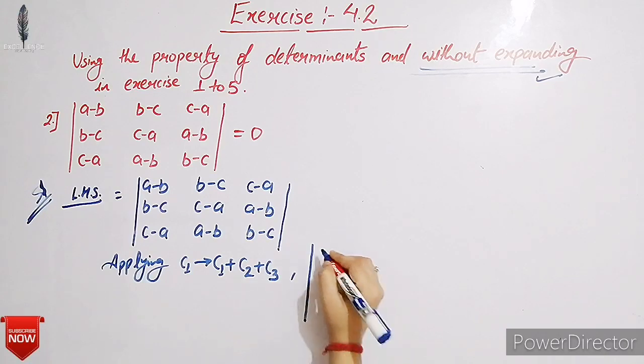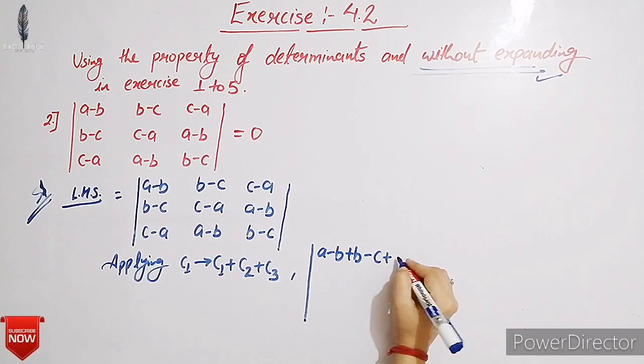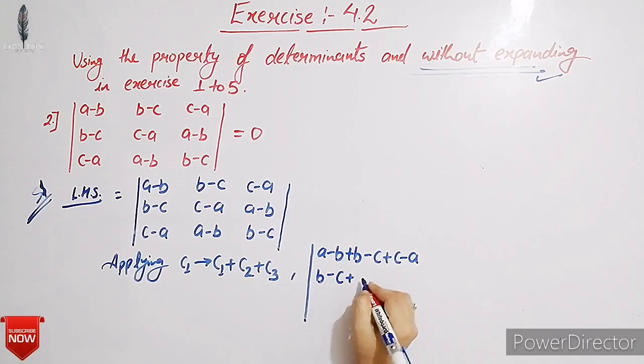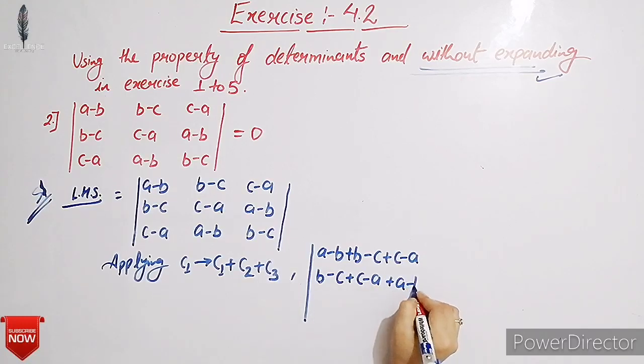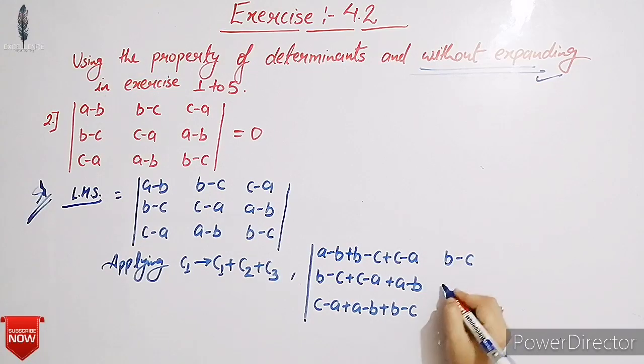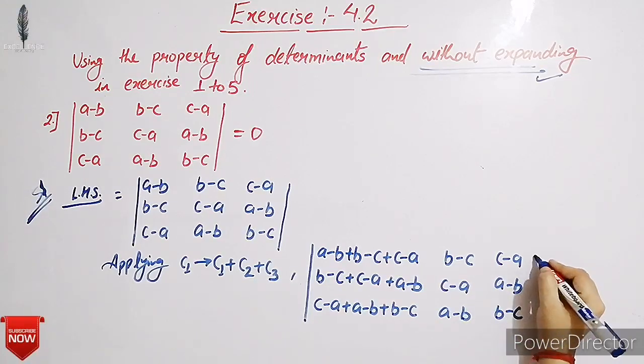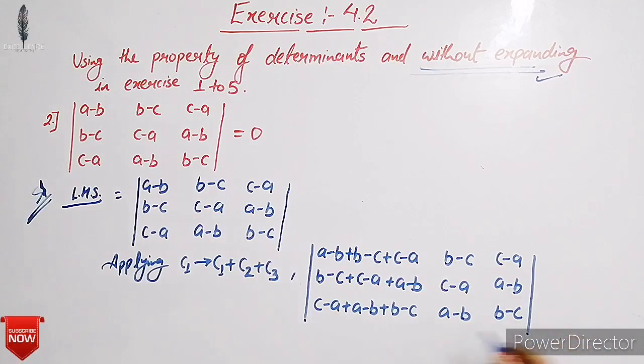C1 becomes C1 plus C2 plus C3. Then we get a minus b plus b minus c plus c minus a, and here b minus c plus c minus a plus a minus b, and now c minus a plus a minus b plus b minus c. And C2 is b minus c, c minus a, a minus b. C3 is c minus a, a minus b, b minus c. Now in C1, a, b, c cancel in all of them.